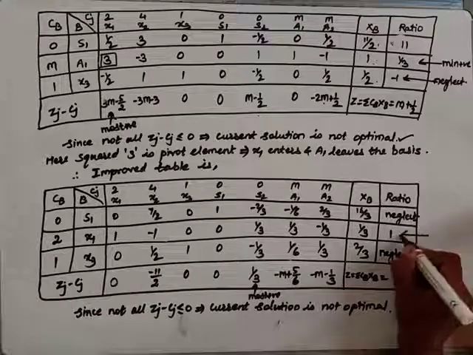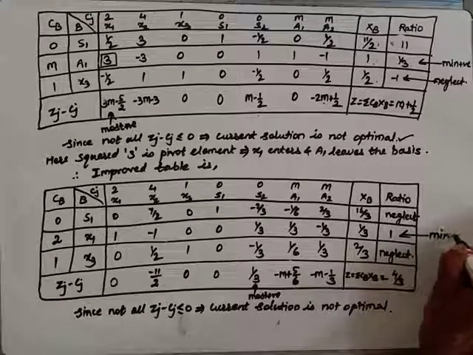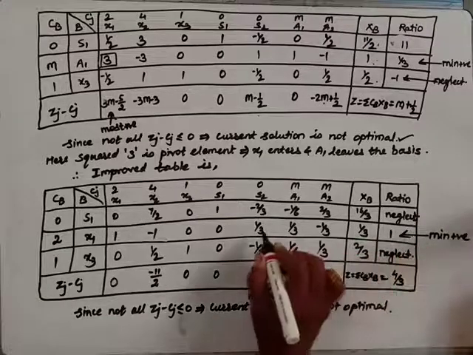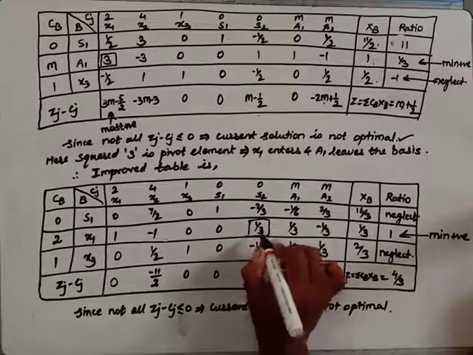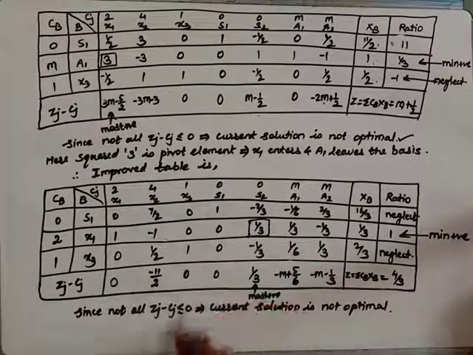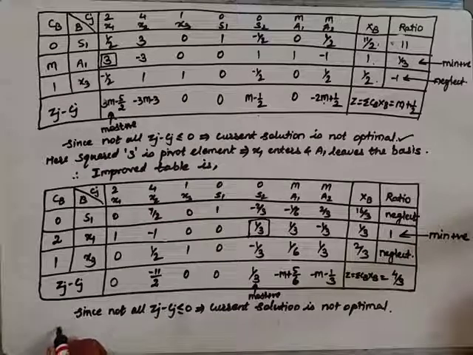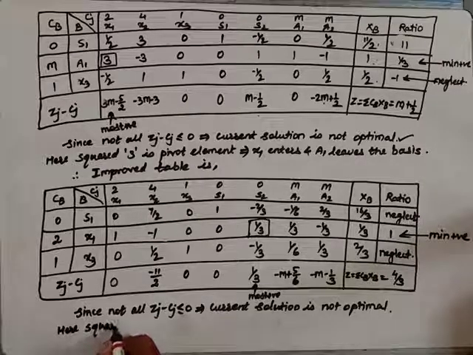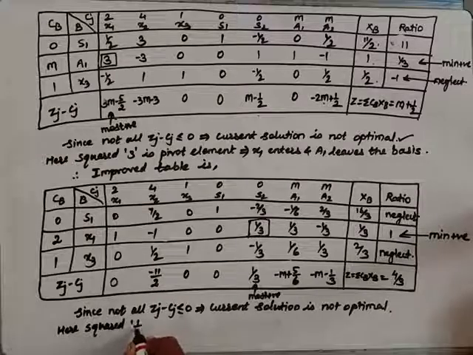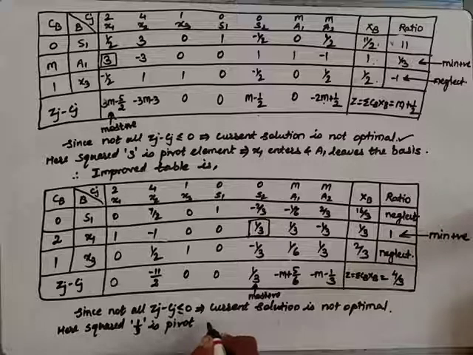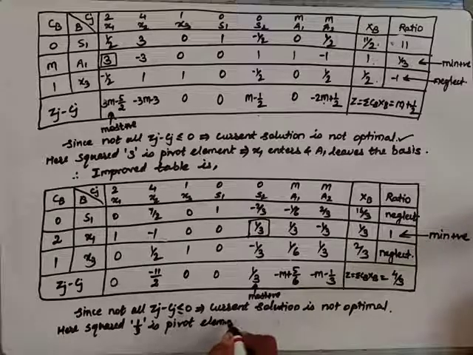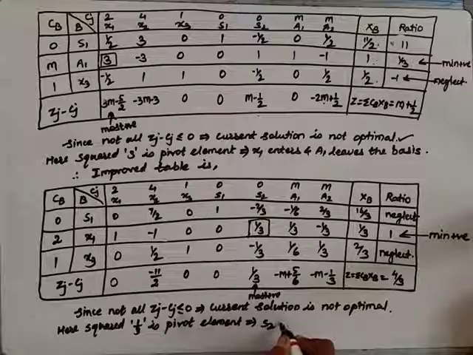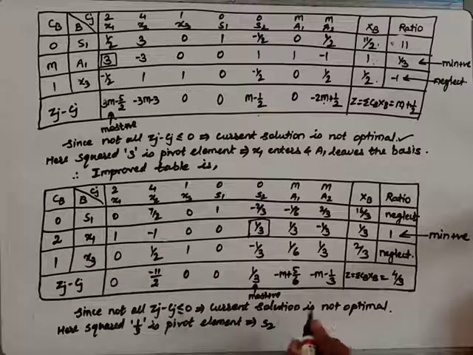Here this 1 is the minimum positive. So this 1 by 3 is our pivot element. So what should I write here? The boxed 1 by 3 is the pivot element, which indicates that S2 wants to enter.